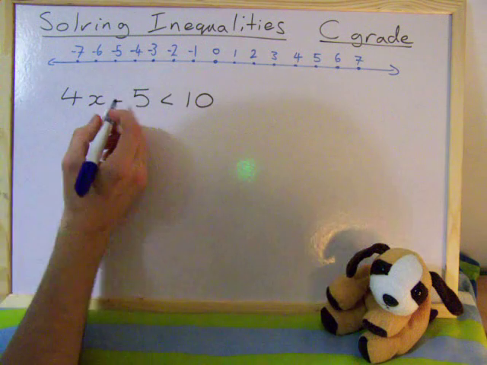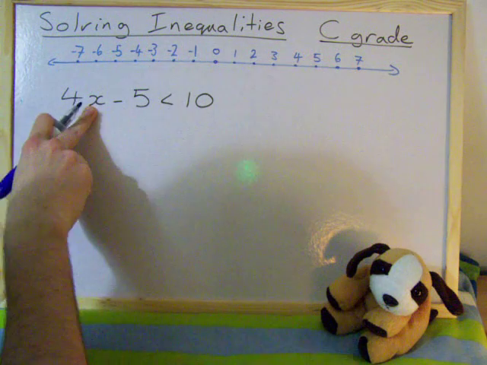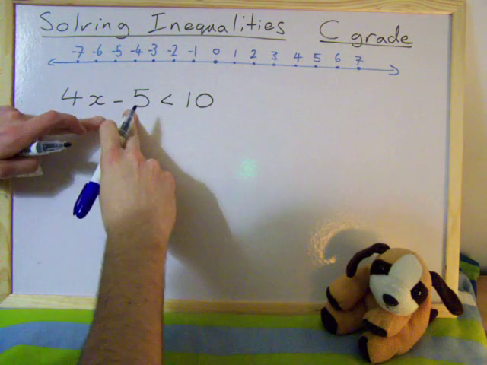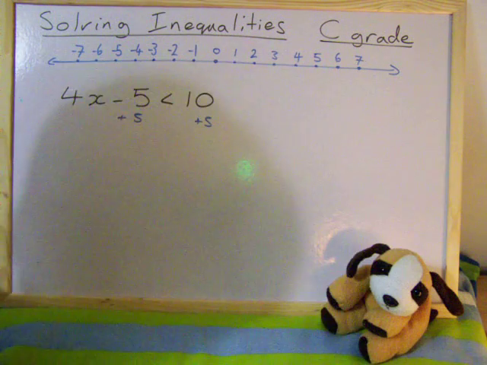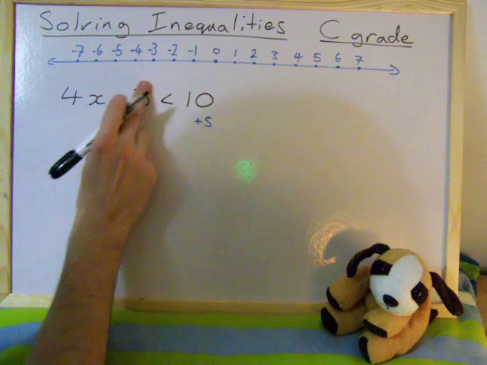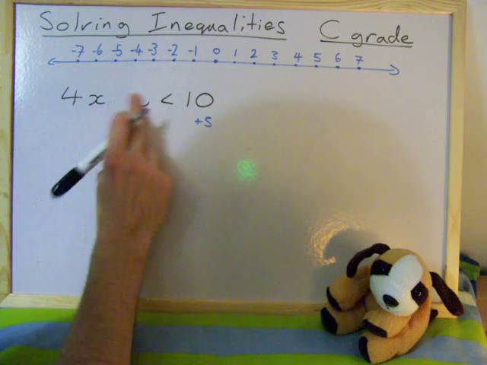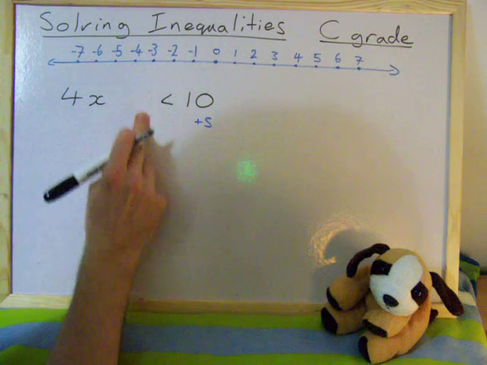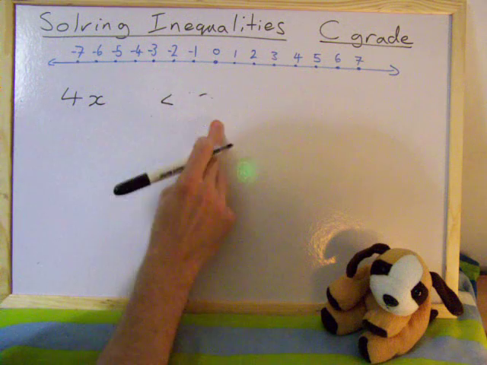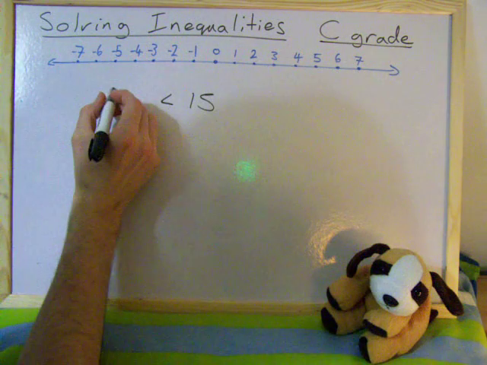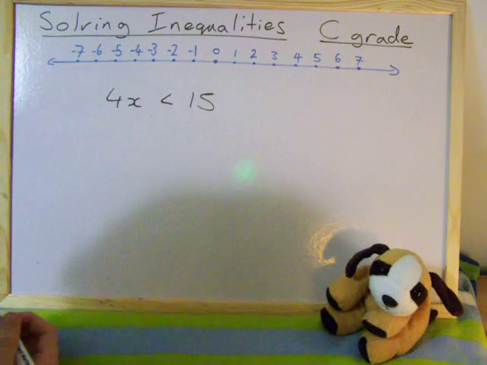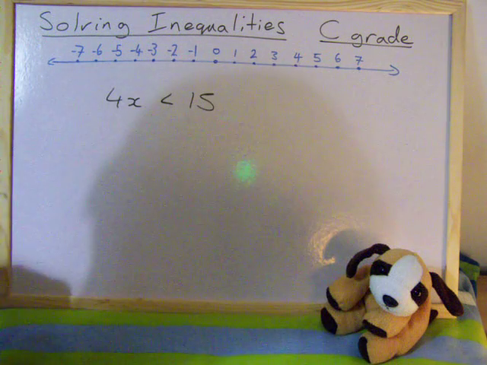So over here, the first thing I'm going to do is I just want x on its own, so I'm going to add 5 to both sides. That's going to cancel that 5. So my 5's cancel, and this side becomes 15. So 4x is less than 15, and then I can divide both sides by 4.